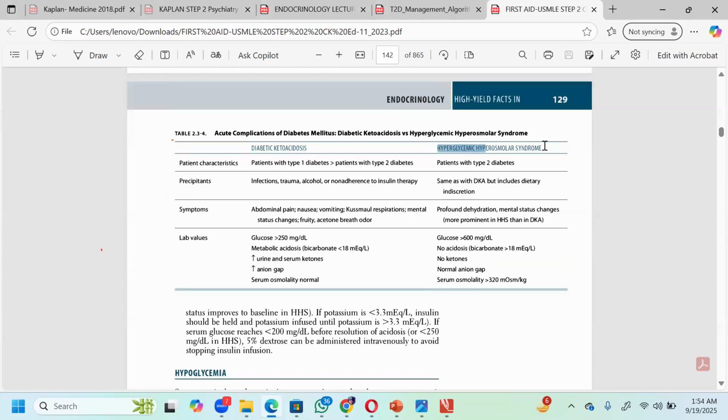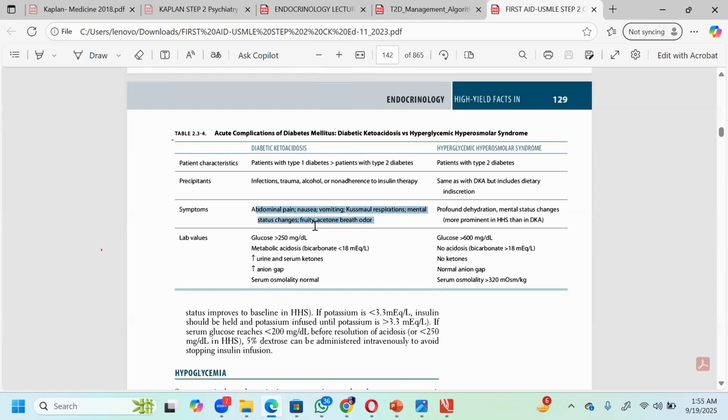Diabetic ketoacidosis and hyperosmolar hyperglycemic state. This is type 2 diabetes, and diabetic ketoacidosis is type 1. It presents with type 1 diabetes and the patient is usually younger than 20. Infection, trauma, alcohol are precipitating factors. Symptoms: abdominal pain, nausea, vomiting, Kussmaul respiration, mental status change.